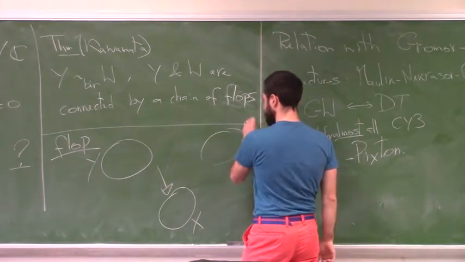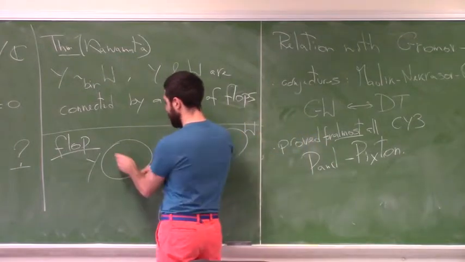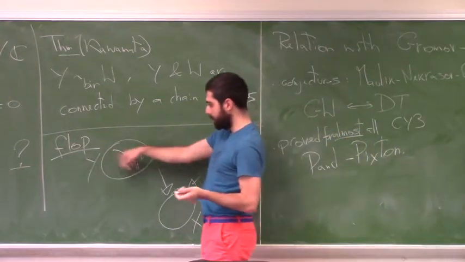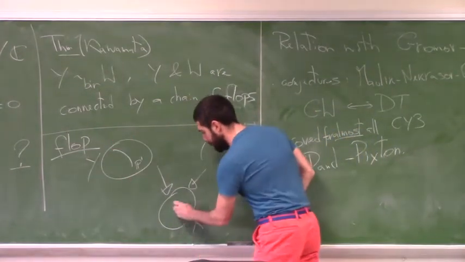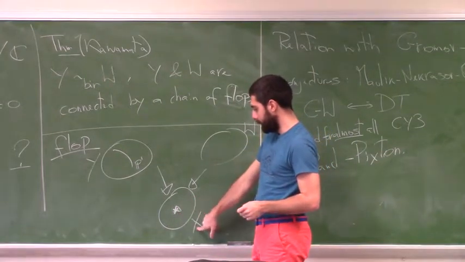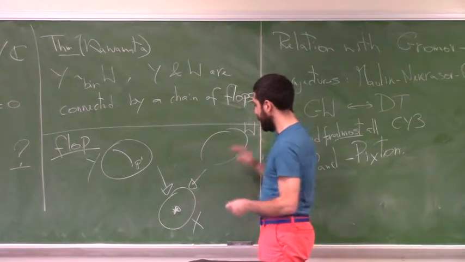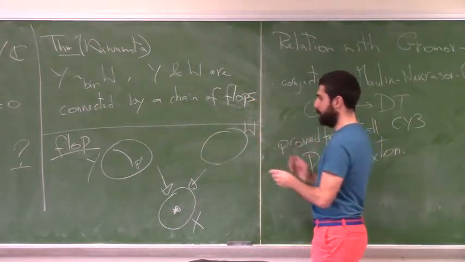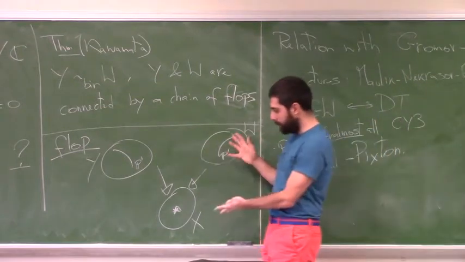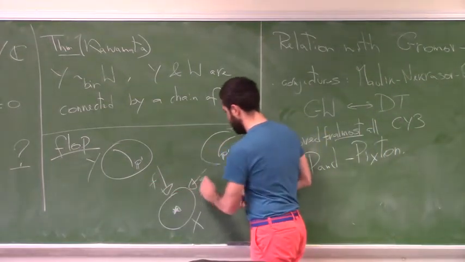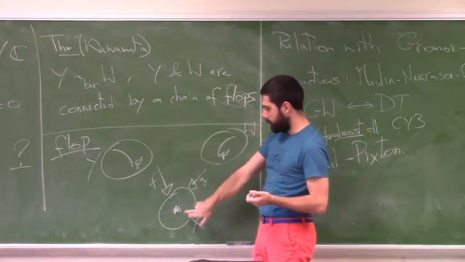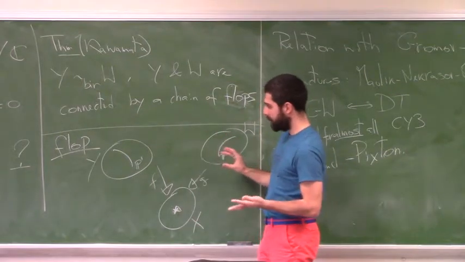I start with Y here, and in the simplest case I have a P1, a rational curve inside of Y, and I'm contracting this curve to some singular point inside some other variety X, and then I'm resolving it in a different way. So I'll have a diagram like this with two Calabi-Yau threefolds Y and W that are both mapping to the same space X, and they're contracting this rational curve.